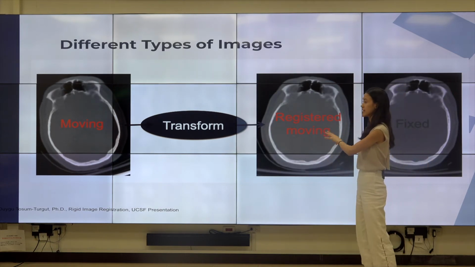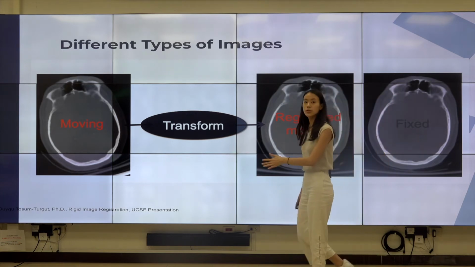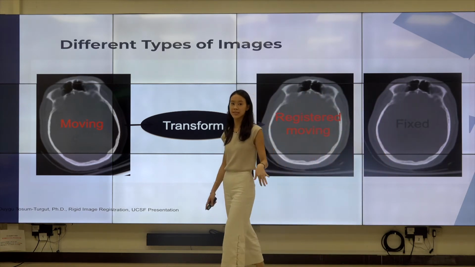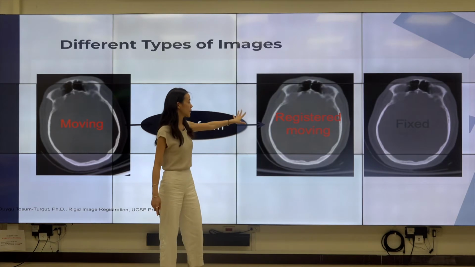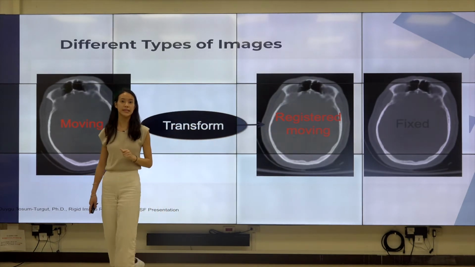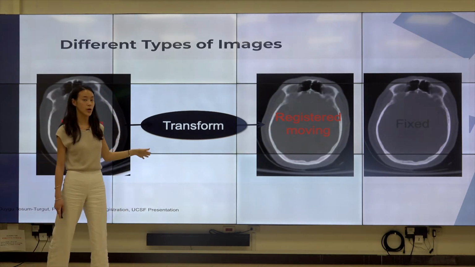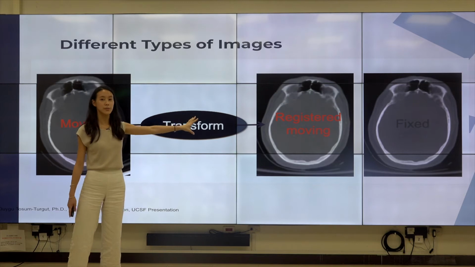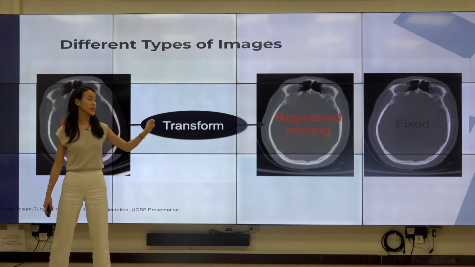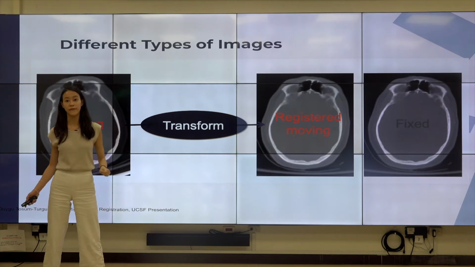As we can see in this diagram, we have that moving image, and it goes through multiple transformation processes before becoming registered with the fixed image. So we would see this original moving image being rotated and going through all these processes so that it ultimately ends up looking very similar, or maybe even exactly the same as the fixed image, or the reference image.